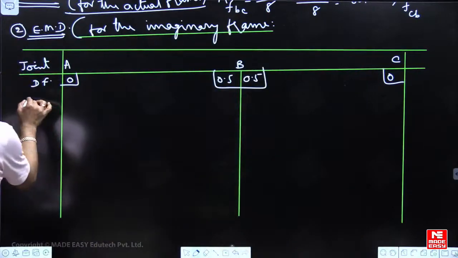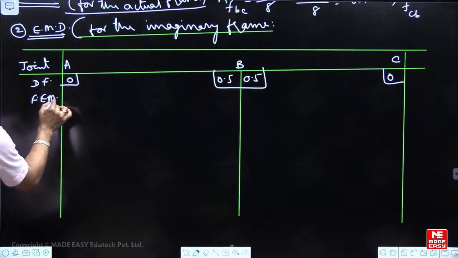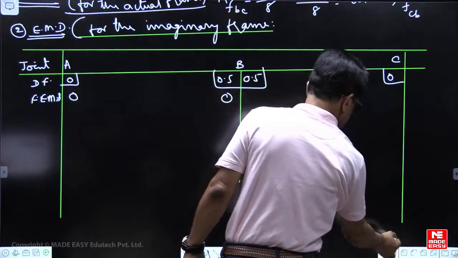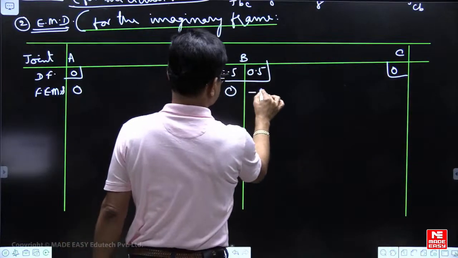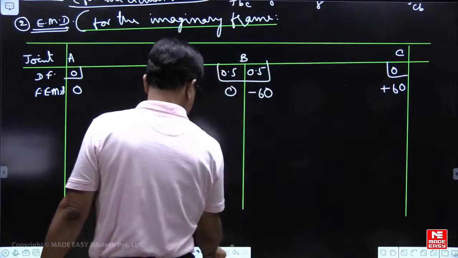Then fixed end moments. On the span AB no load, BC was there. It is minus 60, plus 60. Next balance.